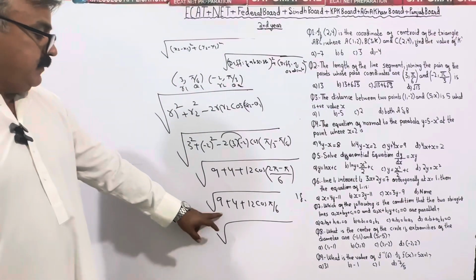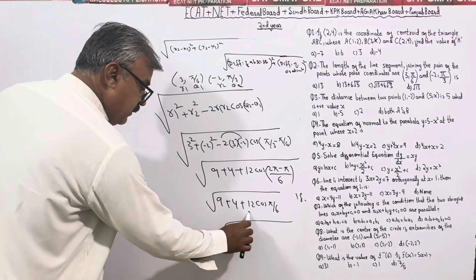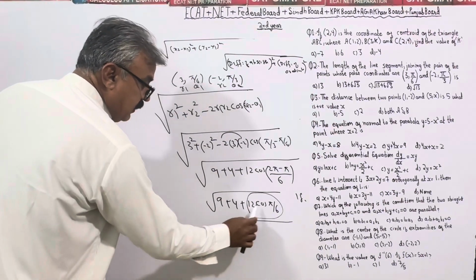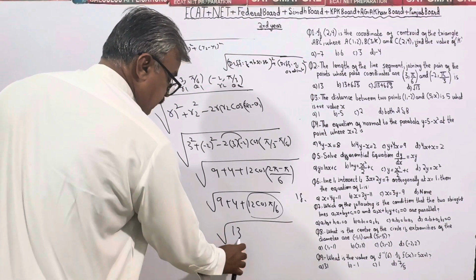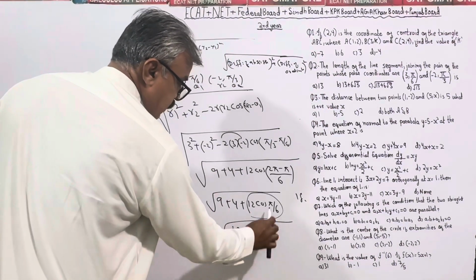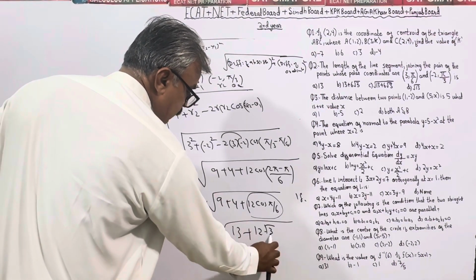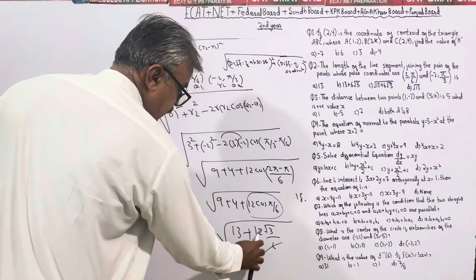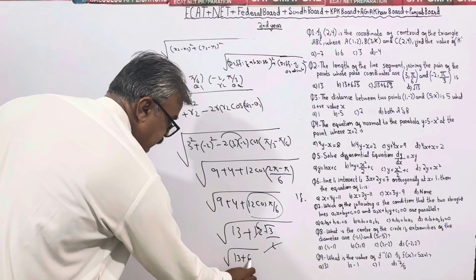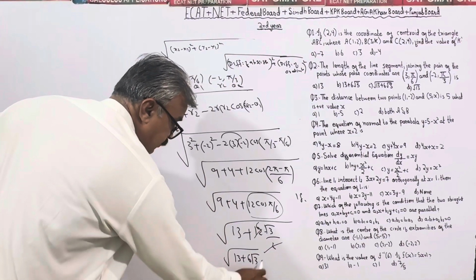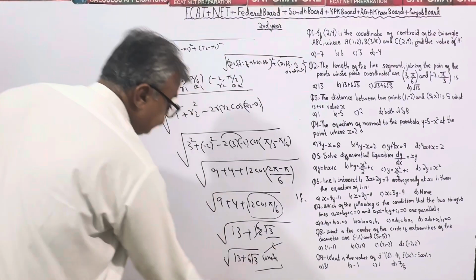We can add 9 plus 4 to get 13, but 12 cannot be added since it is 12 times cos pi over 6. Cos pi over 6 is root 3 over 2, applying the table of 2, so we have 13 plus 6 times root 3 units.